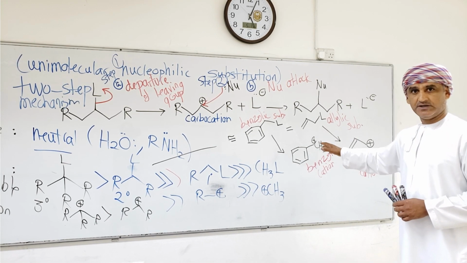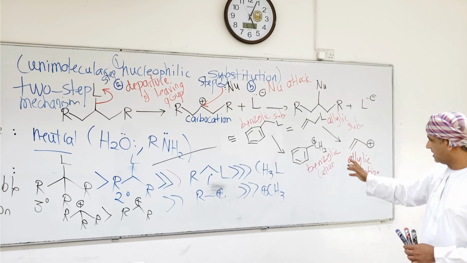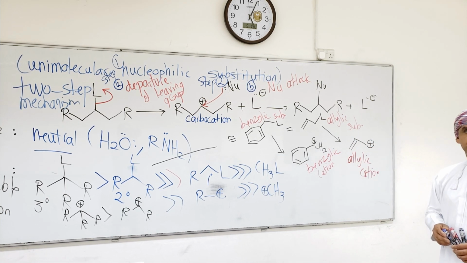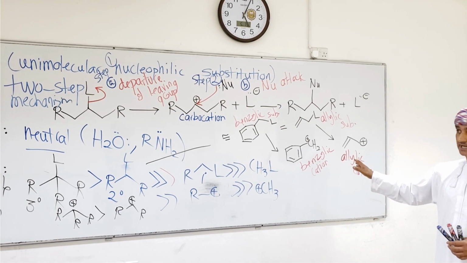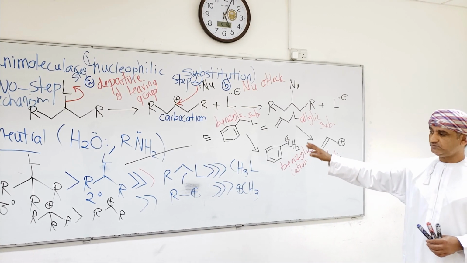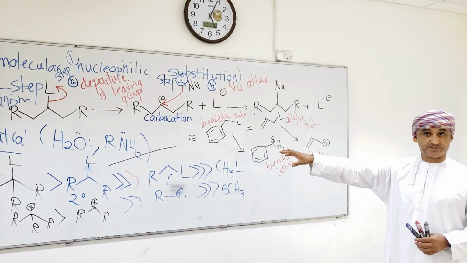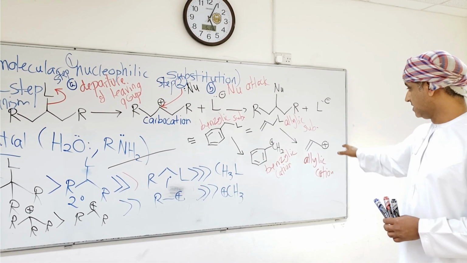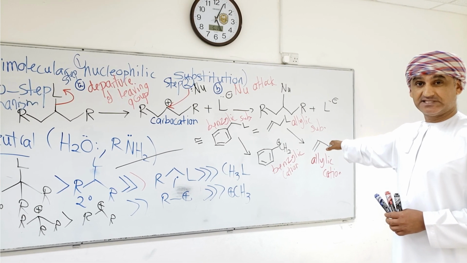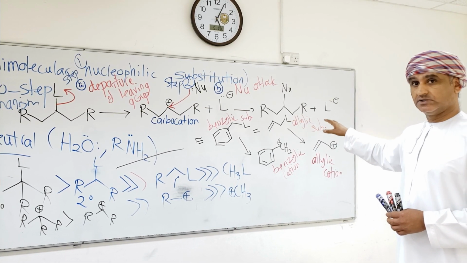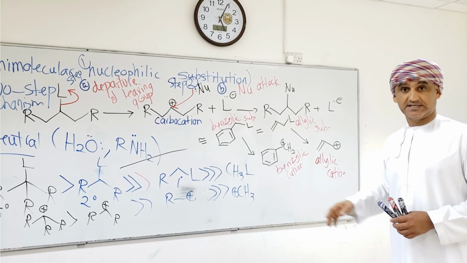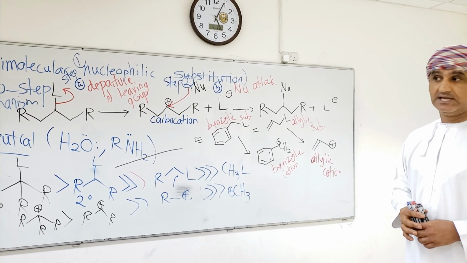And although not mentioned, you can predict that these carbocations are stable, and they are stable because of resonance. They are resonance stabilized, in addition to the inductive effect observed in the tertiary carbocation case and the secondary carbocation case. So if you wonder why these substrates are reactive, that's because of the stability of the corresponding carbocations, and these corresponding carbocations are stabilized by resonance.